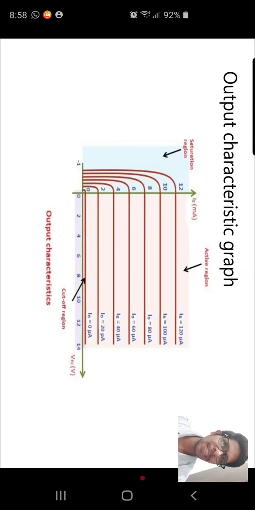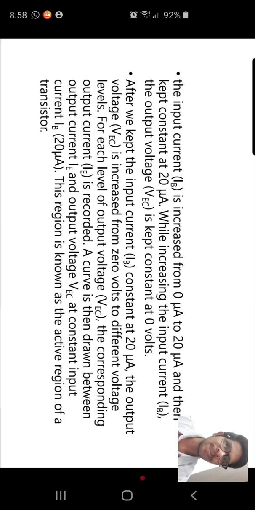Let us discuss the output characteristics graph. We can see VEC voltage on the x-axis and IE in milliamps on the y-axis. We can see three regions in the output characteristics: cutoff region, active region, and saturation region. The input current IB is increased from 0 to 20 microamps, and then kept constant at 20 microamps. The output voltage VEC starts at 0 volts.